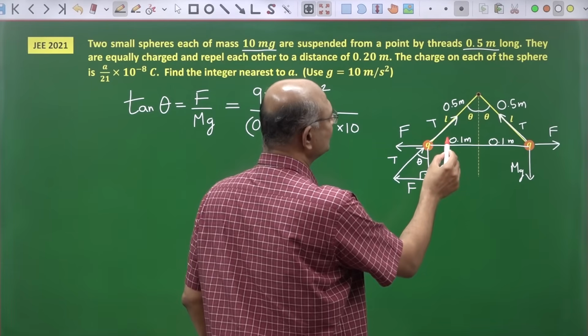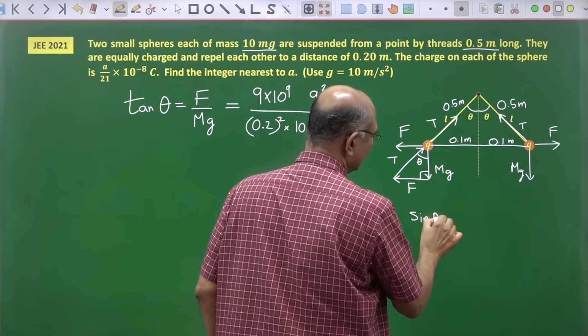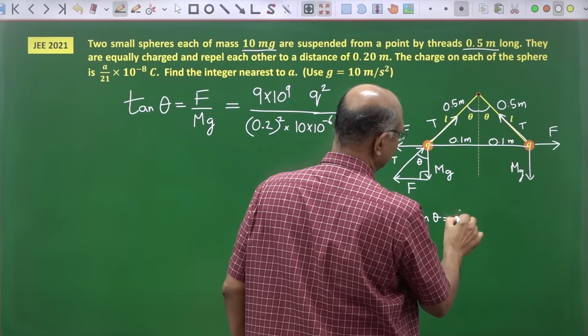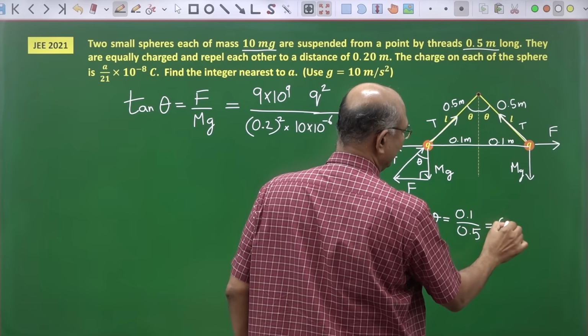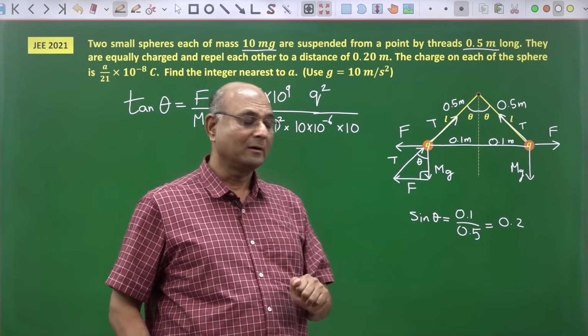So what I'm going to do is to say, let us think about sine theta. Sine theta, opposite by hypotenuse, is 0.1 by 0.5, 1 by 5, 1 by 5 is 0.2. This is quite small. Sine theta is quite small, right?